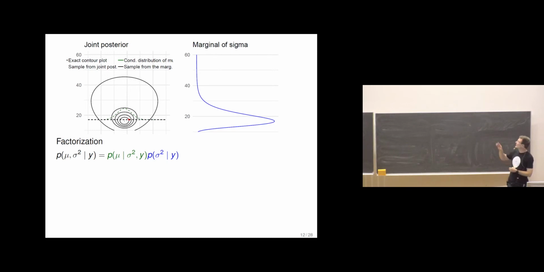You can see in the left hand plot the dashed line Gaussian, though the green is a bit dark. I picked one value of sigma and made a black dashed straight line, and on top of that I illustrated the shape of the conditional density of mu along that line.